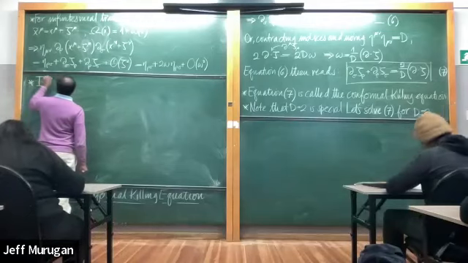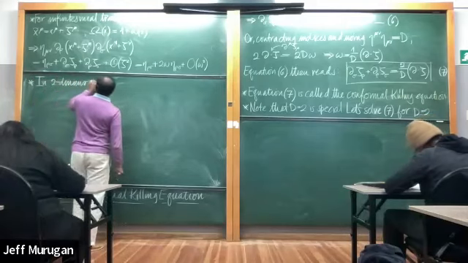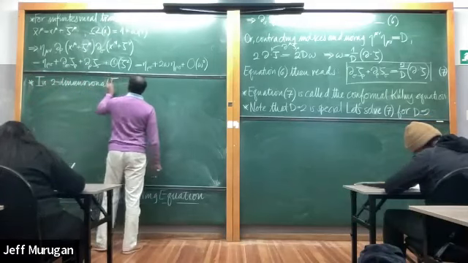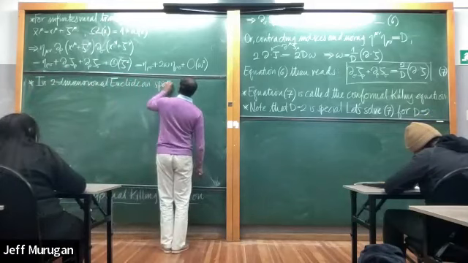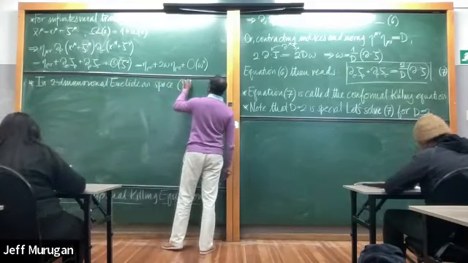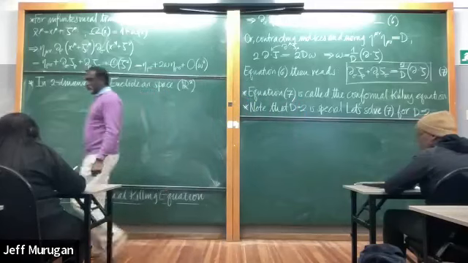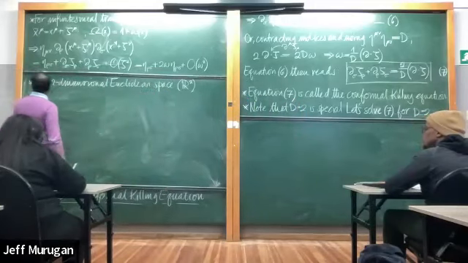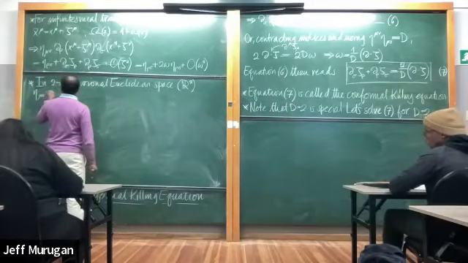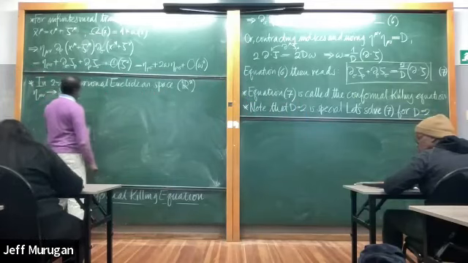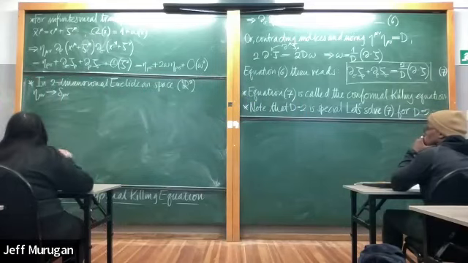In two-dimensional Euclidean space, eta mu nu, the Minkowski metric, becomes just the Kronecker delta, delta mu nu. There's no change in signature, it's diagonal plus 1.